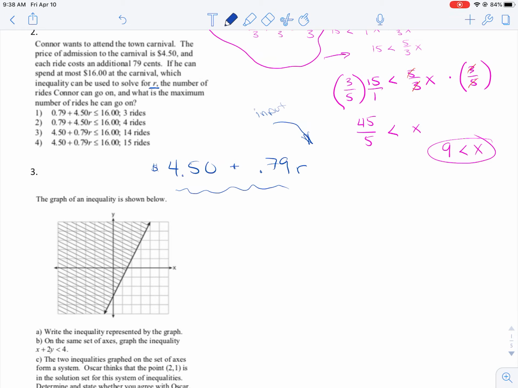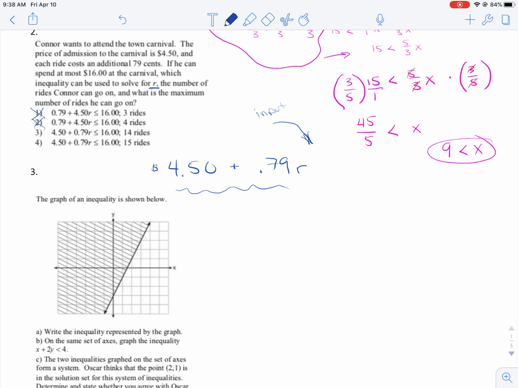If we look over to the left, we see something that looks very similar to this: $4.50 plus 79 cents per ride. So, if you look, number 1 and number 2 can get crossed right out. Now, if he can spend at most $16 at the carnival, which inequality can be used to solve for R.